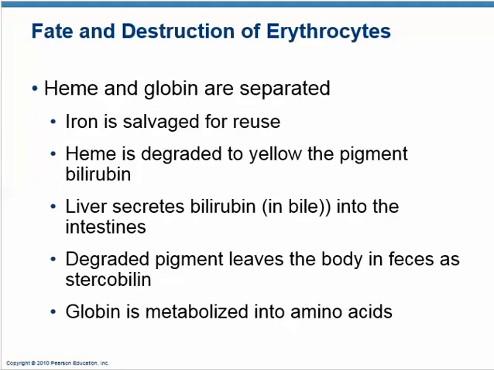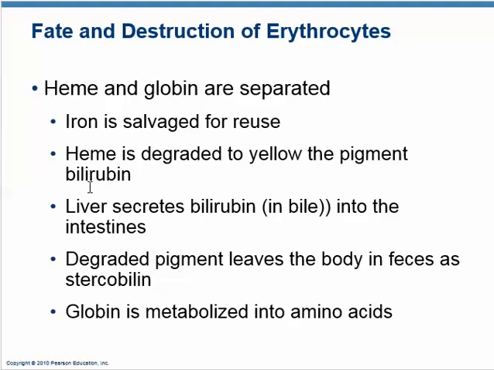So when the macrophages eat them, the heme and the globin are separated. The heme is then separated, and the iron is salvaged to use. And then what's left is this yellow pigment called bilirubin.